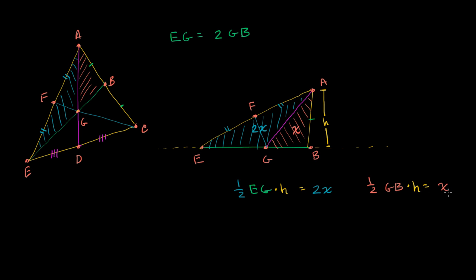Well, we can substitute. If this is equal to x, we can place this entire expression right over here for x. So let's do that. You might already see where this is going, but I won't skip any steps here.